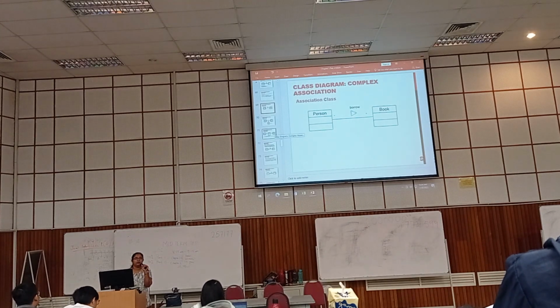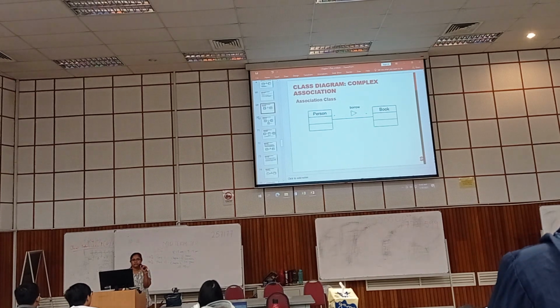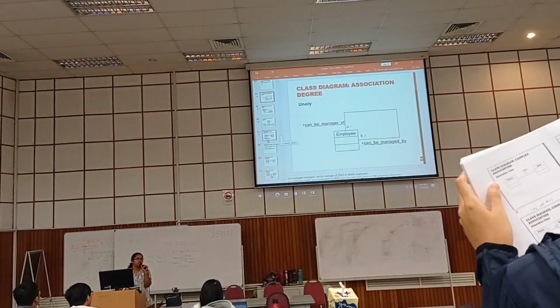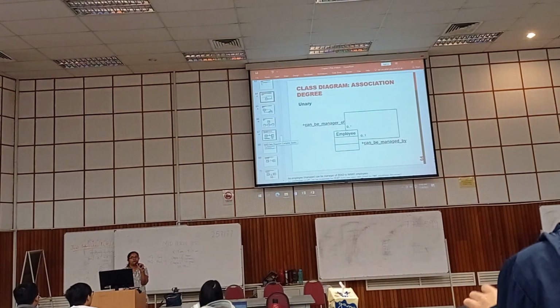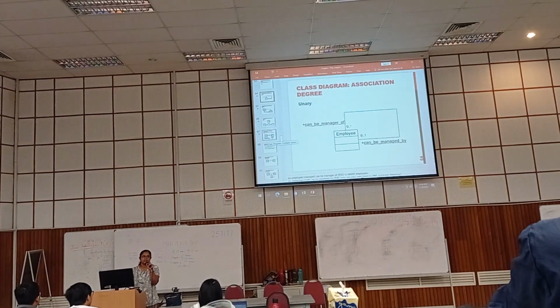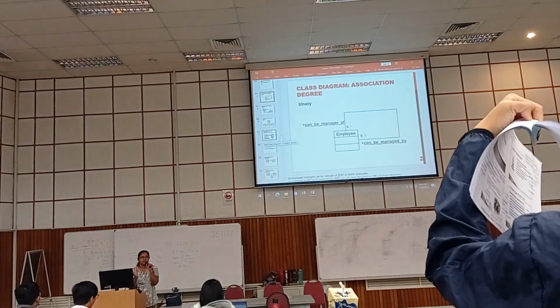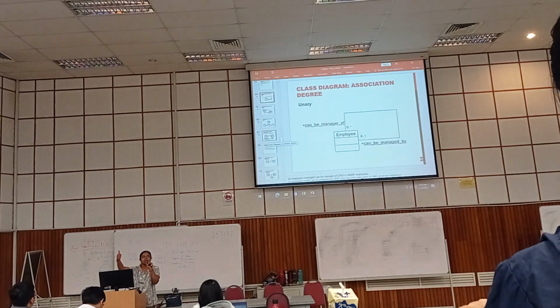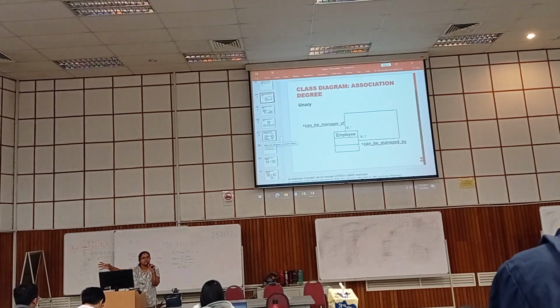Can anyone explain in the simplest form when to use unary? You have tried this in your database as well. When you're designing your database, I remember we have one example of this. Like manager and employee, two different classes. That is a table, this one class.